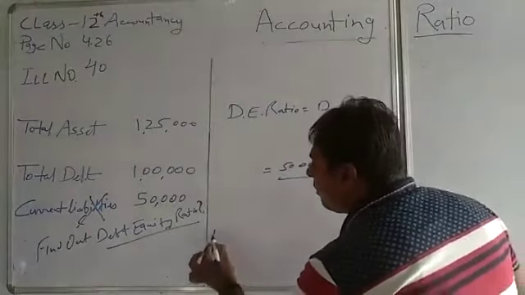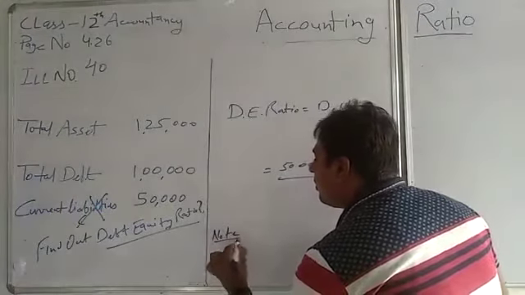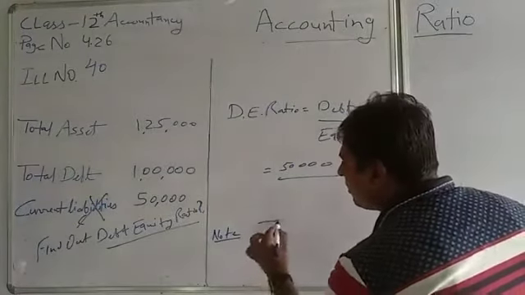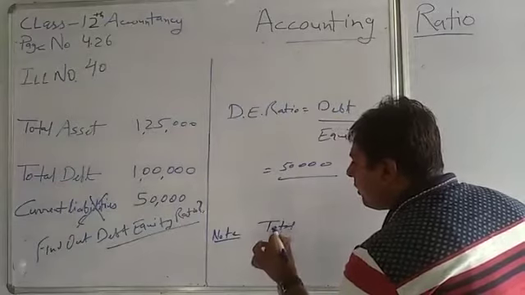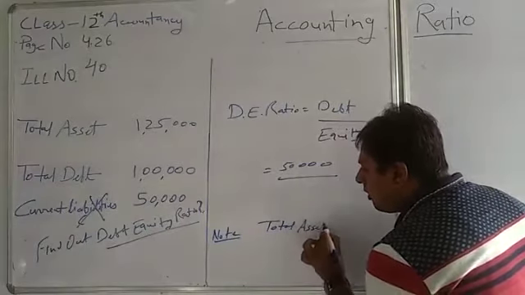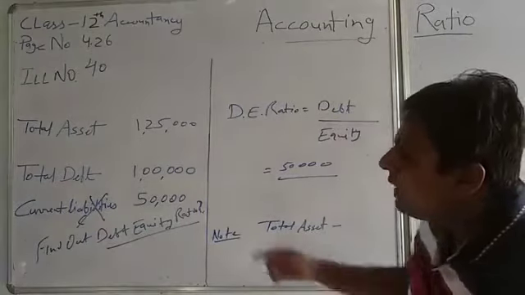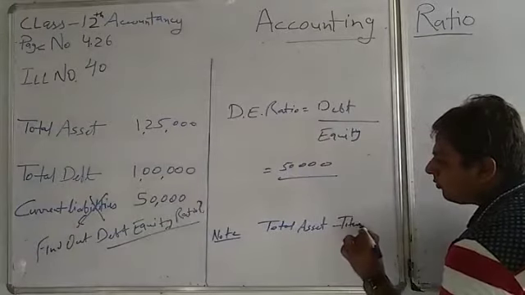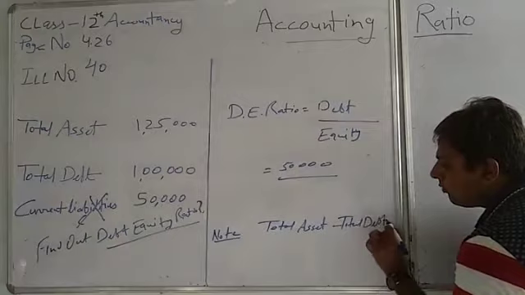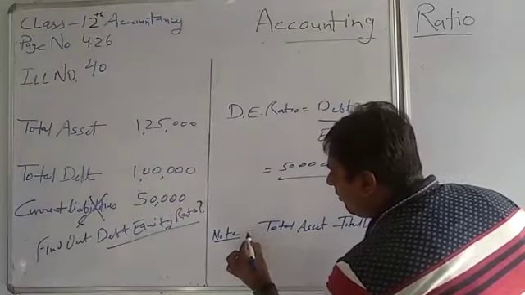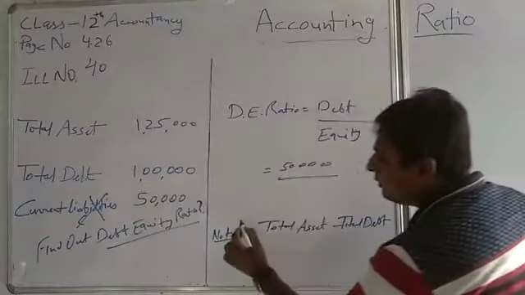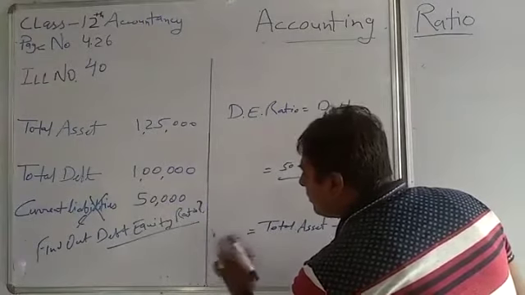So again, note number two: total asset minus total debt is equal to equity. That is the note.